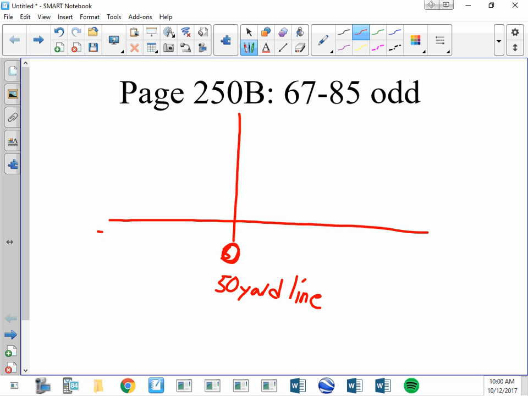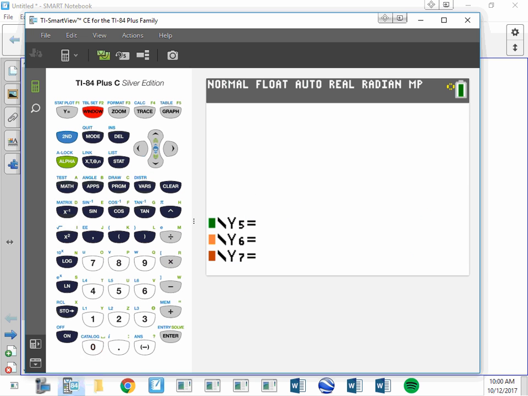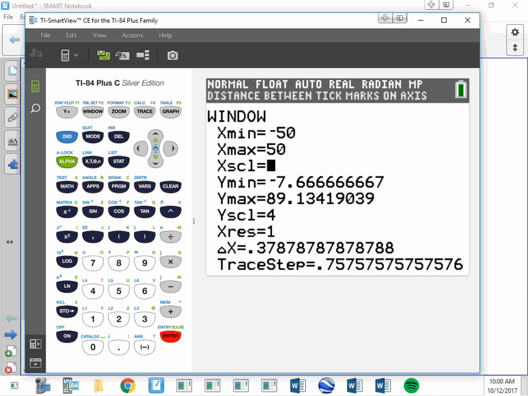So -50 would correspond to the goal line on the punter side, and then 50 would represent the goal line on the returner side. So let's do -50. That's the punter's goal line. And 50 would be the receiver's goal line. And counting by 5s, that would work.